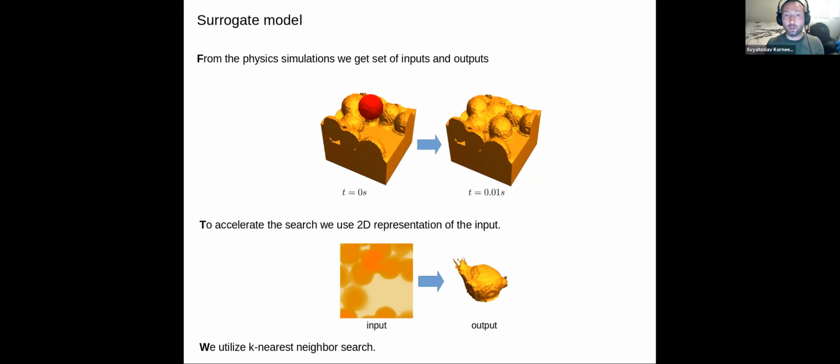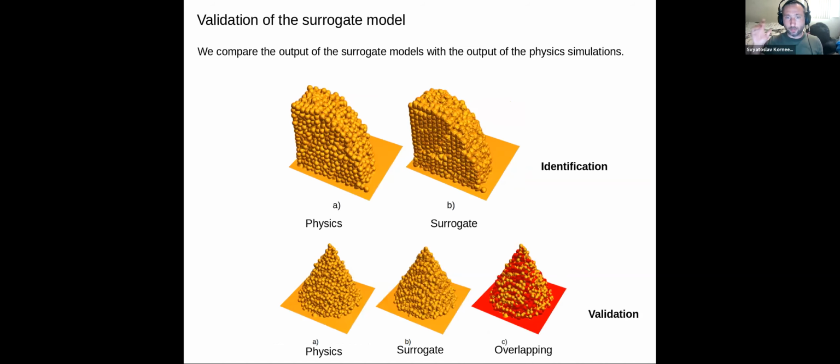To accelerate the search, we represent the substrate as a height field, and we use k nearest neighbors for the search. The reduced model has three parameters: the number of neighbors, another parameter, and a parameter controlling how we deposit the reduced order model droplet.